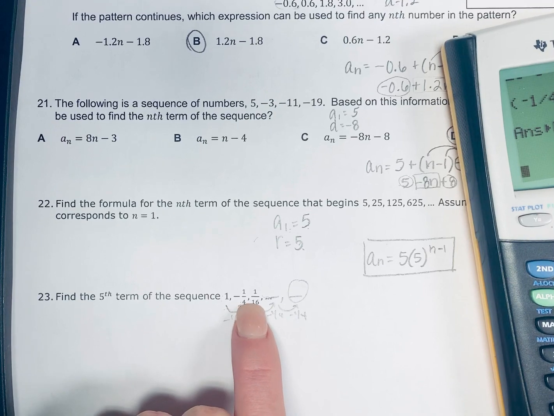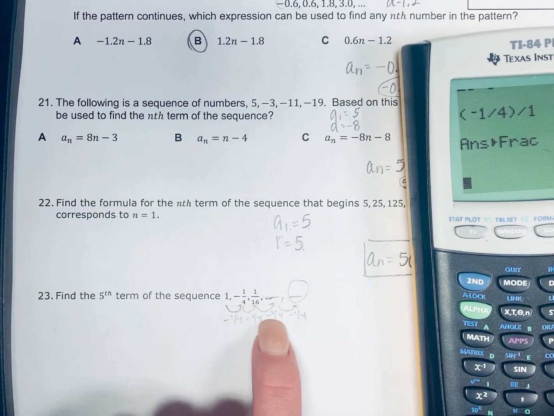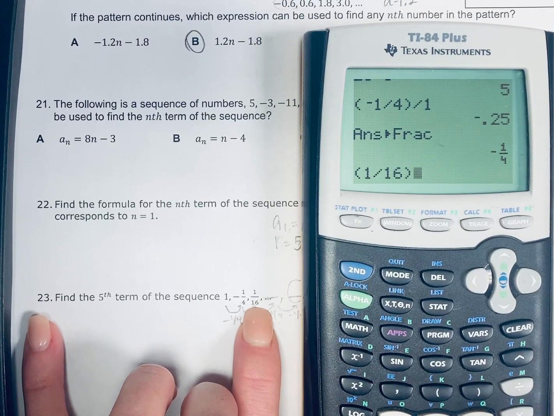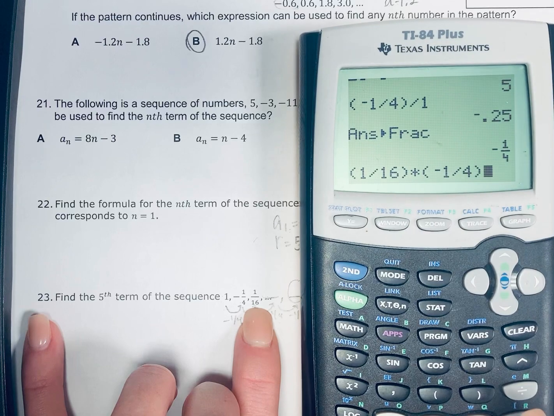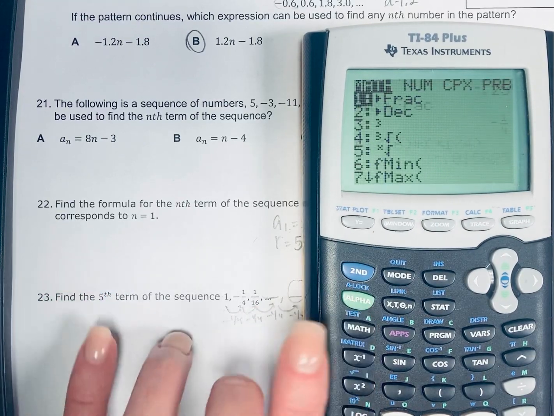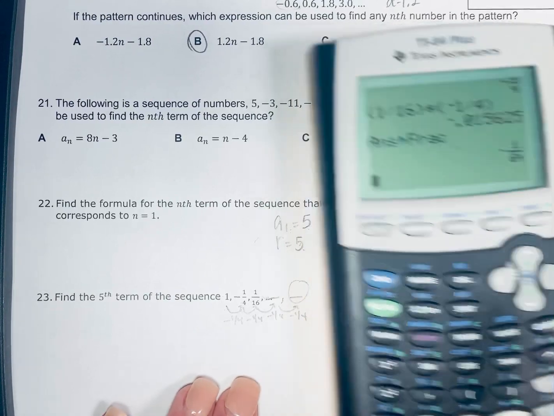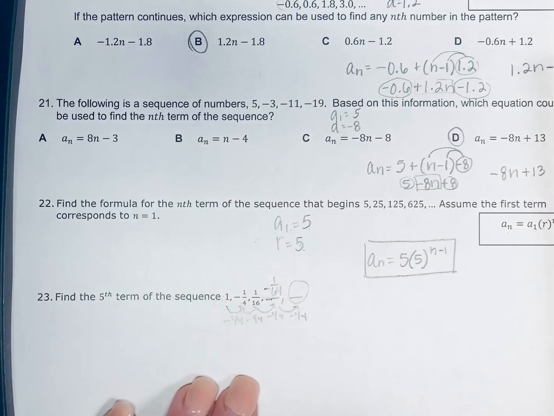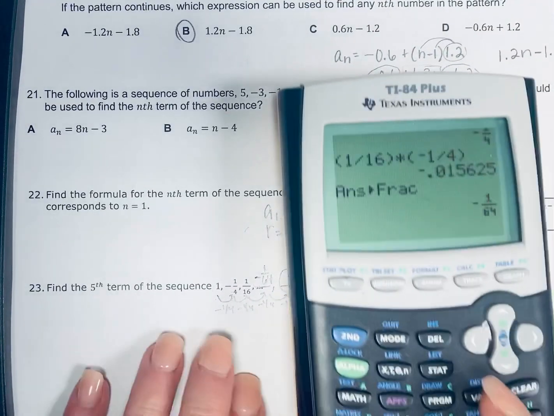So let's take this 1/16 and let's multiply it by negative 1/4. So 1/16, and we're going to multiply that by negative 1/4, just like that. And I'm going to go ahead and change that to a fraction. Math, enter, enter. Negative 1/64. Okay, that's the fourth term, but I want the fifth term, so I need to do that one more time.